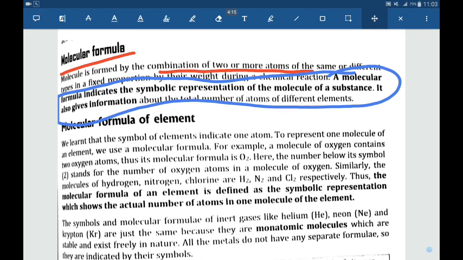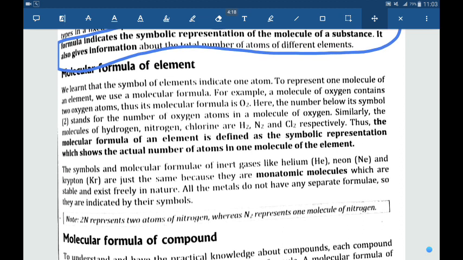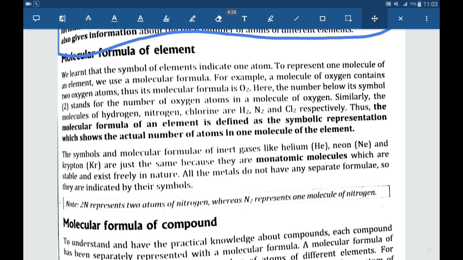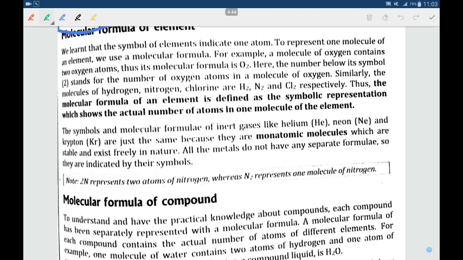So, symbolic representation of molecule of substance. Dear students, there are two types of molecular formula. One is molecular formula of element, another is molecular formula of compound. Element has molecule, compound has molecule. So the molecule of element is called molecular formula of element, and molecule of compound gives molecular formula of compound.